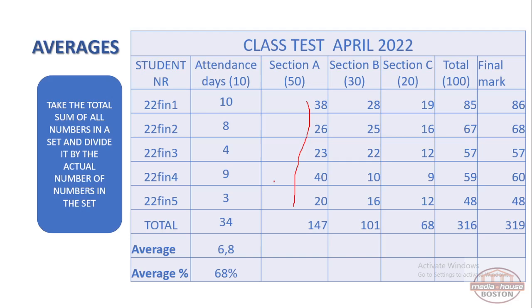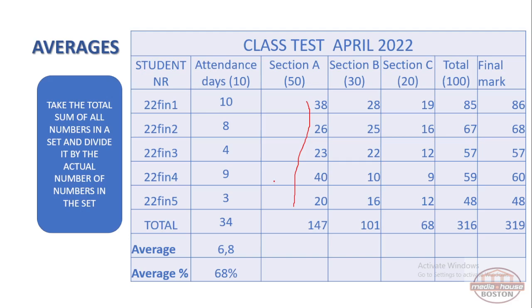So what does it mean? If that was rand, if it was 58 rand, 80 cent, and I said round off to the nearest rand, what would be your final answer? 59.